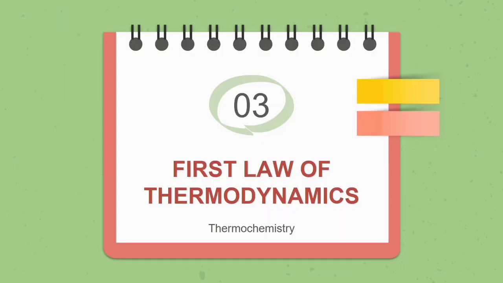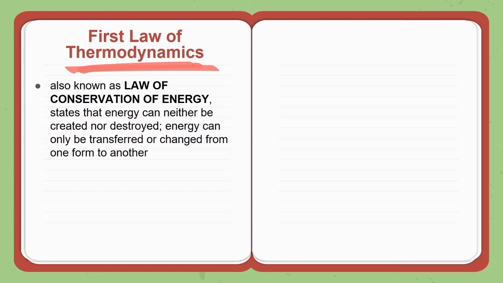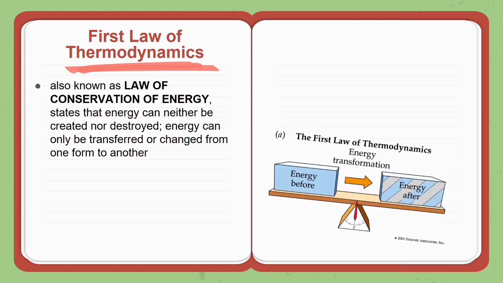Proceeding to the third topic, we're going to be tackling the first law of thermodynamics. The first law of thermodynamics is also known as the law of conservation of energy. It states that energy can neither be created nor destroyed. Energy can only be transferred or changed from one form to another.